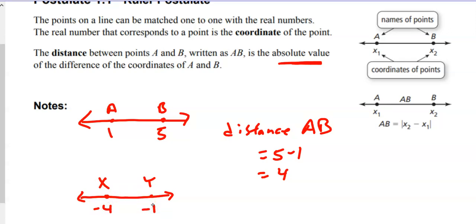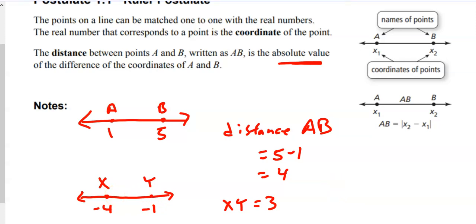So what I did here was 5 minus 1. Again, you can think about it as counting. You might think, okay, XY has a distance of 3, because I have to go from -4 to -3 to -2 to -1 on your number line. But again, you can also use the absolute values of those.